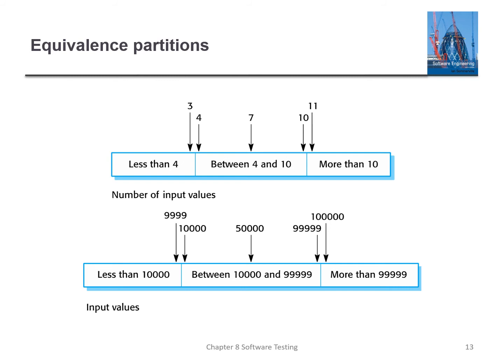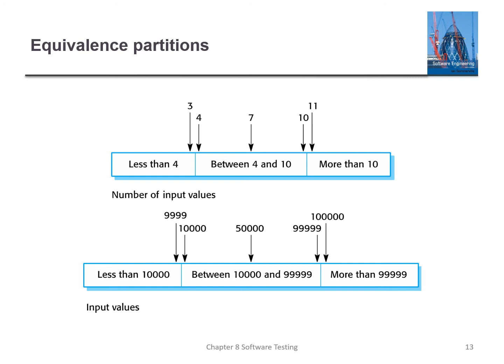If you have ranges of values like this, your test input can be 3, 4, anything at the border, one in the middle, and also at the border. So rather than testing so many inputs from here, you can test maybe a maximum of 5. The same goes here also.